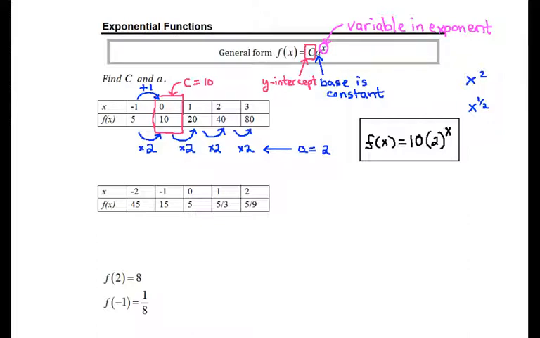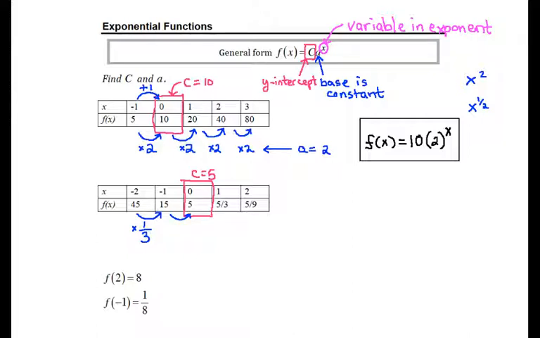Let's apply that same method to the next set of data. Again, starting by identifying the y-intercept. In this case, we can see that c is equal to 5. And looking at what we would multiply by in our y values for every 1 unit increase in x. In this case, it looks like we're dividing by 3, but since we need a multiplier, I'm going to think of that as multiplication by the fraction 1/3.